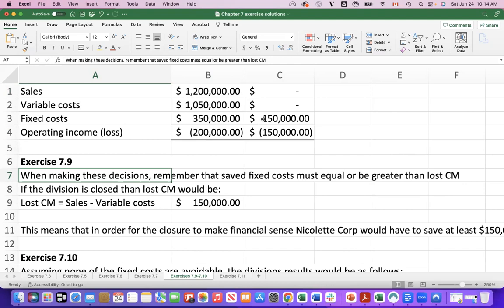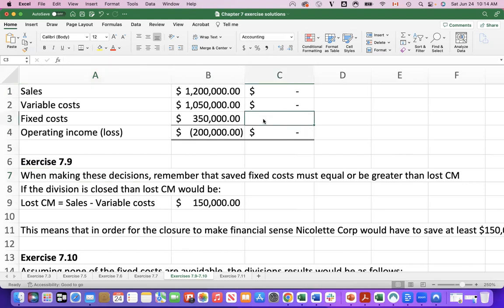If we were to save less than 150,000 in fixed costs, so let's say by closing this segment we're giving up contribution margin of 150,000, and we only save 75,000 in fixed costs, we'll now look at operational results.